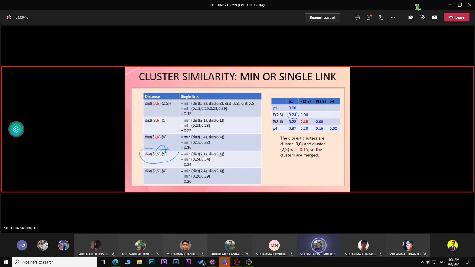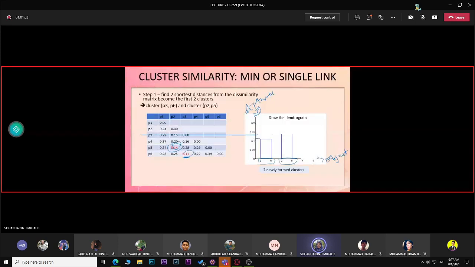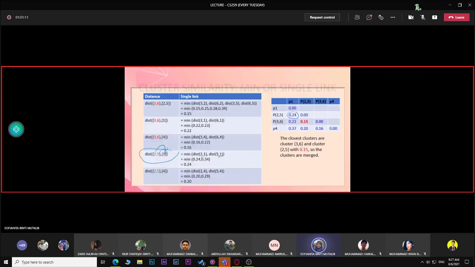This part you have to refer to the previous matrix. Due to the constraint of space, I do not put it in here, but you can make a reference to this one. So 2, 1 is 0.25 and then 5, 1 is 0.34. Ingat, right?